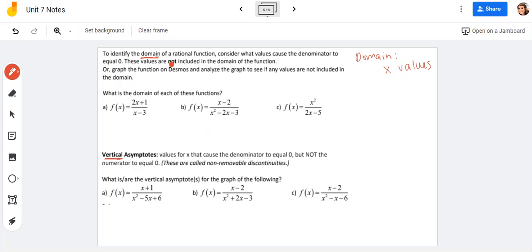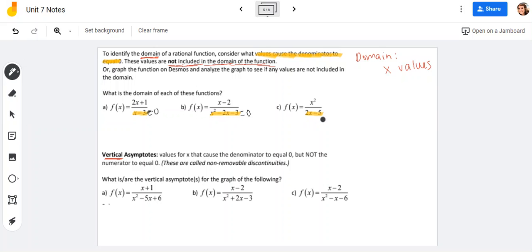It is not included in the domain of the function. Those places are anything, let me get a highlighter here, any values that cause the denominator to equal 0. So we don't want the X values that cause these denominators to equal 0.